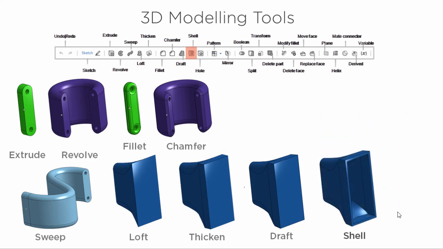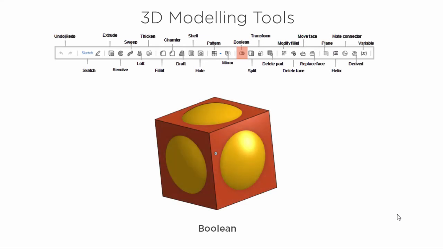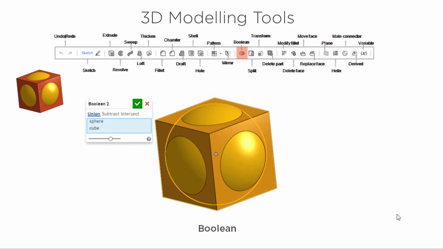The next group of tools allow you to combine and split or transform and delete multiple parts. Let's focus on the Boolean tool, using a sphere part inside a cube part to demonstrate the various Boolean operations. The first one is the union operation that combines or merges the sphere and cube into one part.